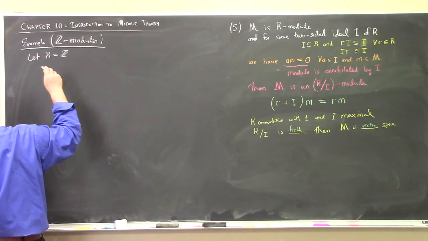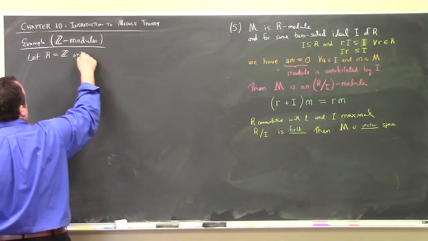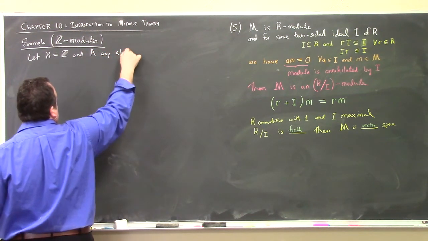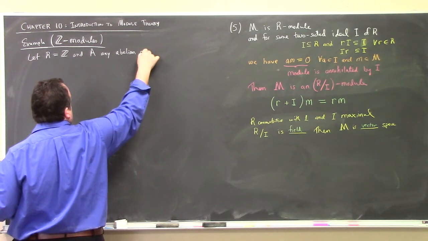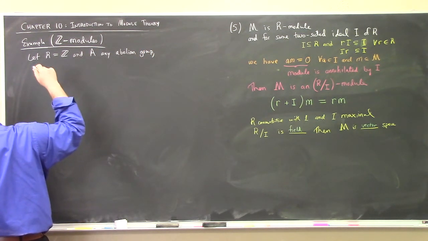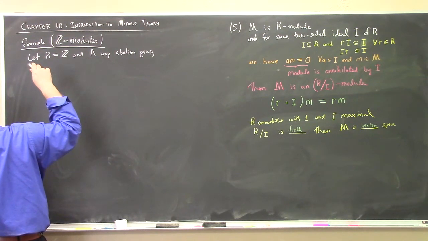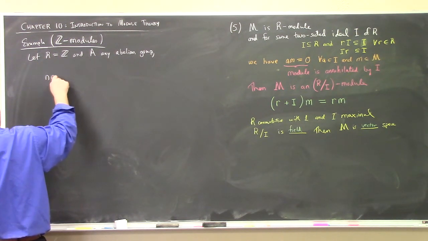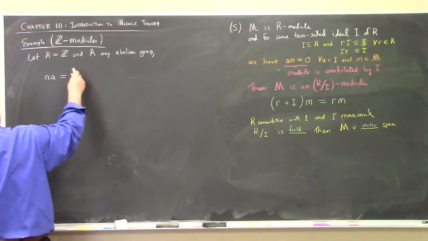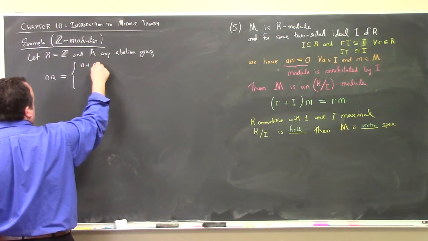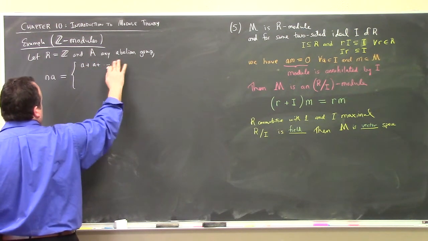Then A, any abelian group, we can make A into a Z module as follows. So how are we going to define n times A? Actually, we've already done this in group theory, right? So nA is A plus A plus A, n-fold times, right?